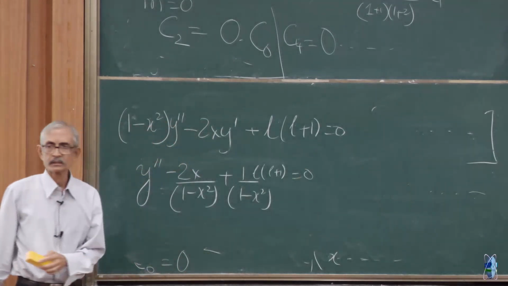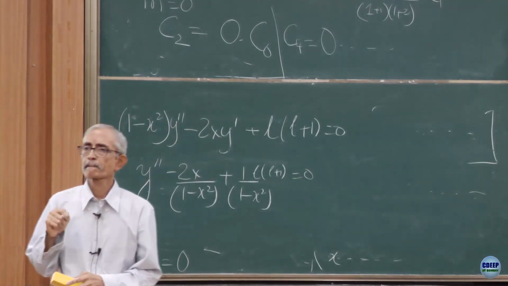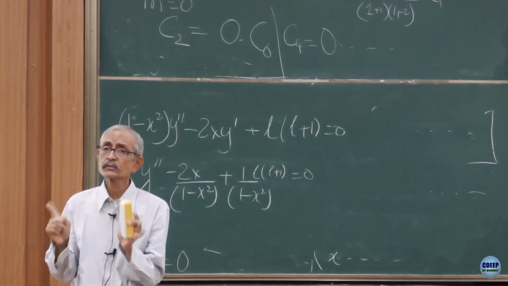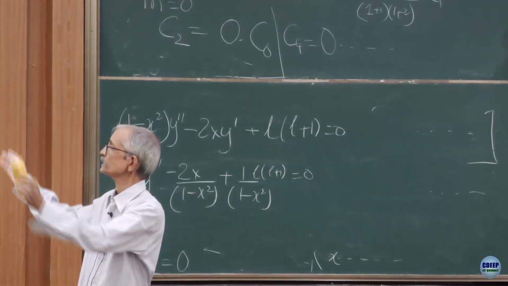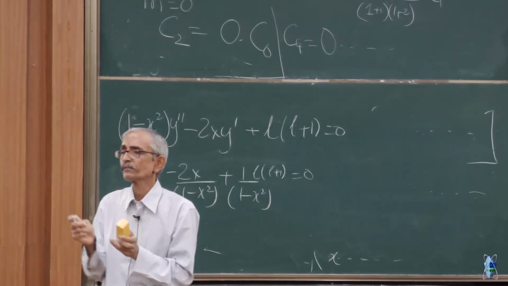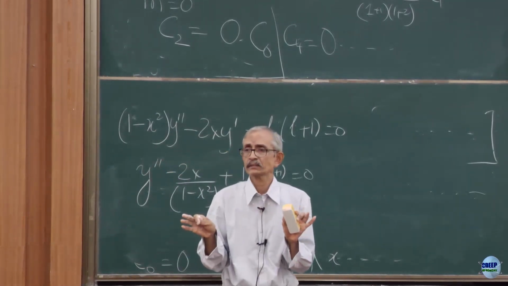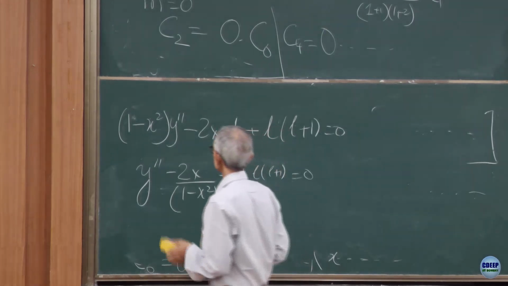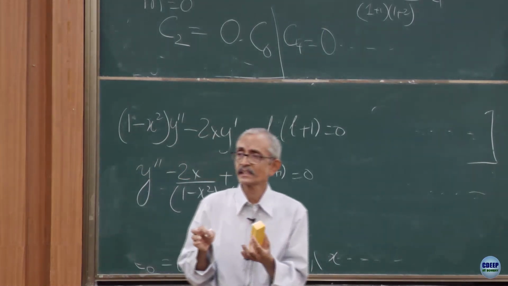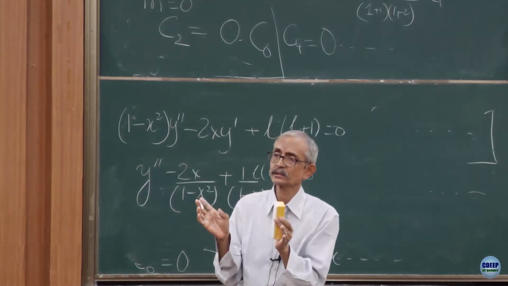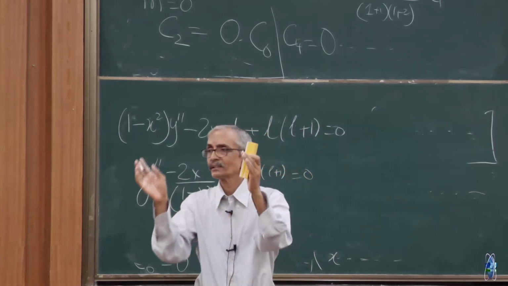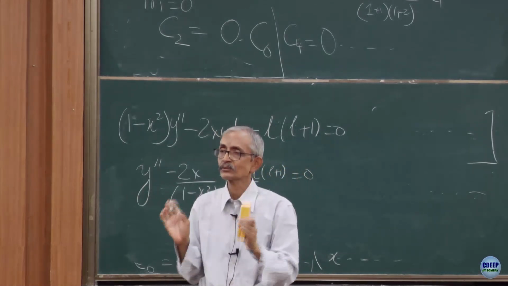What is x equal to 1? Is it an ordinary point or a singular point? It's a singular point, right? So the solution that we just got is not valid at x equal to 1. Outside of x equal to 1 it is valid. So what we have done and not explicitly said was that we have obtained a solution between +1 and -1, excluding those 2 points. Those are singular points.